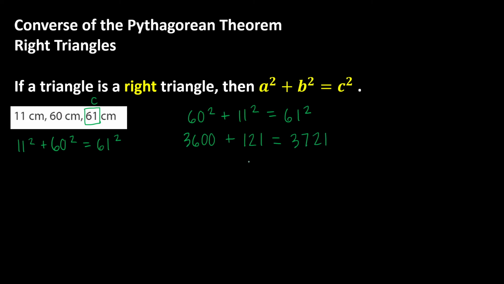So now we're going to add the terms on the left side together. 3,600 plus 121 is 3,721. And when comparing it to the right side, or c squared, we can see that they are definitely equal to each other. So since a squared plus b squared does equal c squared, we know that this is a right triangle. These 3 side lengths, when combined together, will always form a right triangle.